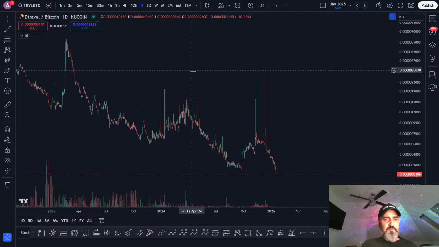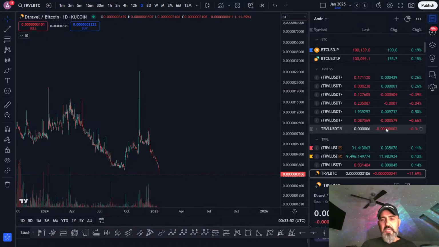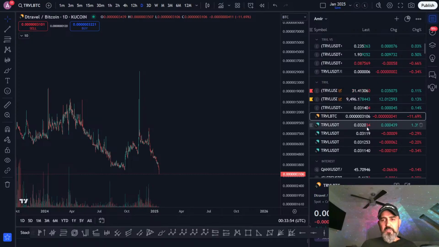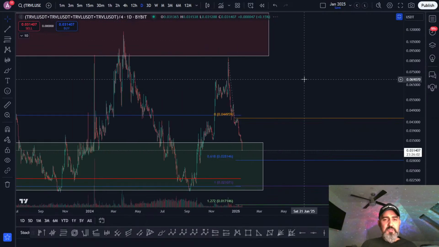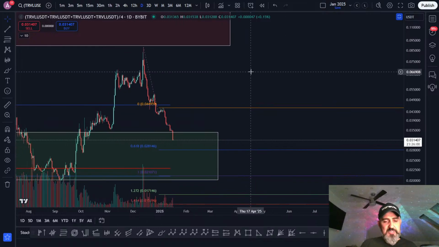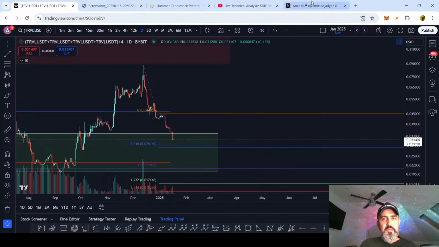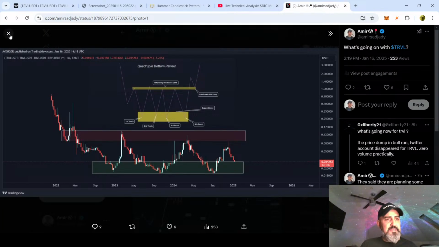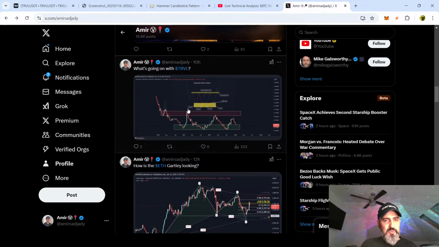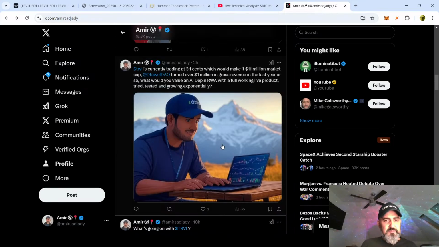Ultimately, it comes down to value, and I just don't know if people value TRVL as much as I do. And maybe because I actually use Dtravel as an operator, and I understand the use cases because it has an actual impact on my business. So this is me. TRVL is currently trading at 3.1 cents, which would make it an $11 million market cap.